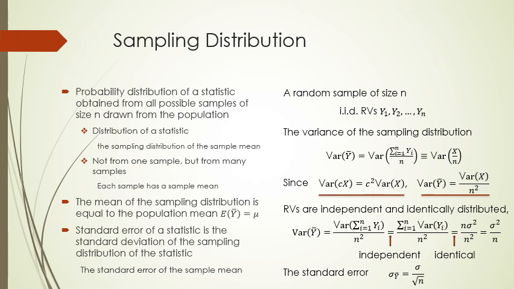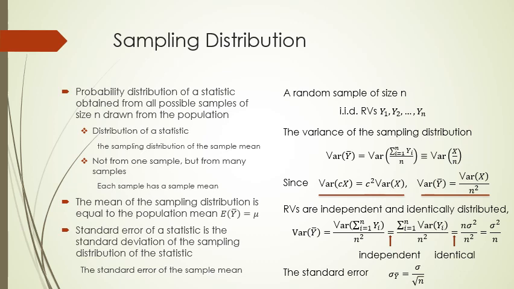Thus, the variance of the sample mean is the population variance divided by the sample size n. The standard error of the sample mean is the standard deviation divided by the square root of n. The results tell us that the variance of the sampling distribution is largely affected by the sample size n.